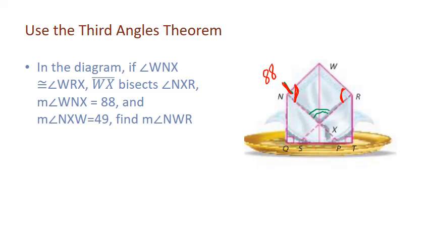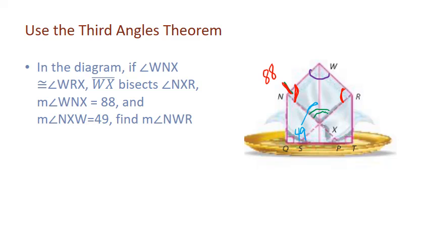And the measure of NXW, let's do a different color. In other words, this angle right here is 49. Find the measure of NWR. So we're trying to find the measure of this.